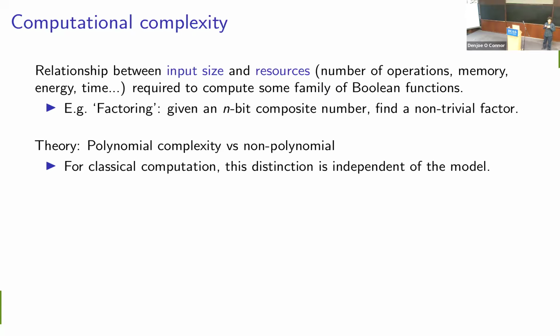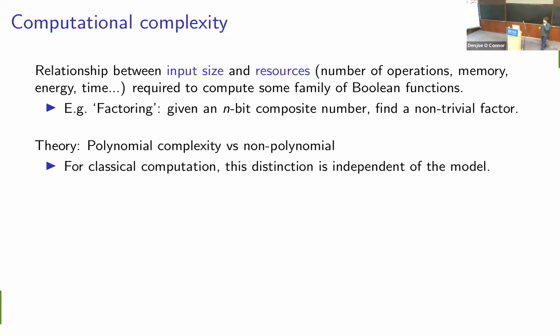But for classical computers, it's independent of the model, and that makes life a lot easier because we don't need to worry about whether this other person who proved some result worked in the exact same model as me. And yeah, so broadly, people think of polynomial complexity as the computations that are efficient that we can do, and non-polynomial complexity, so larger than polynomial, potentially exponential or even worse, those are the computations that are not efficient to do.